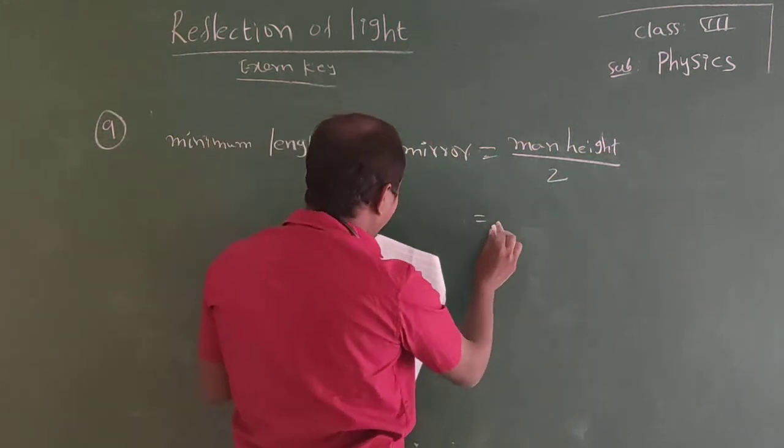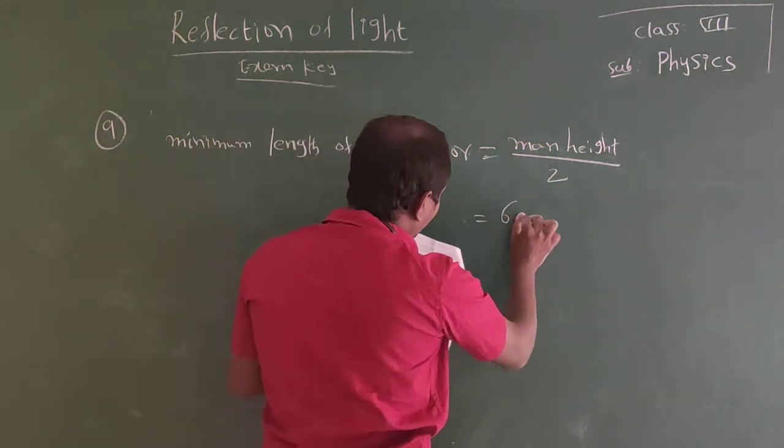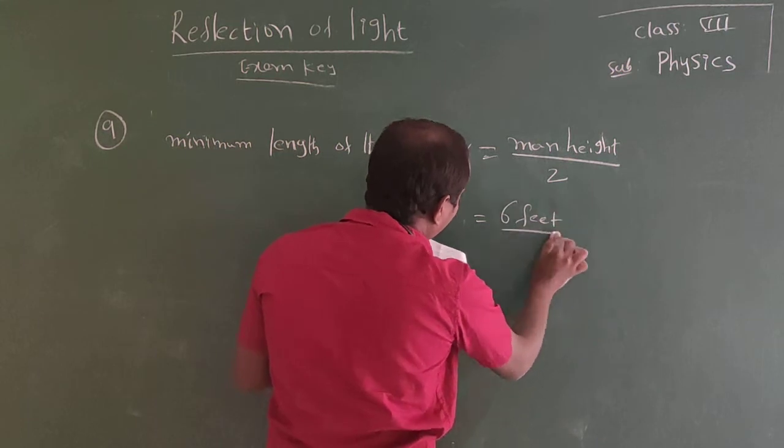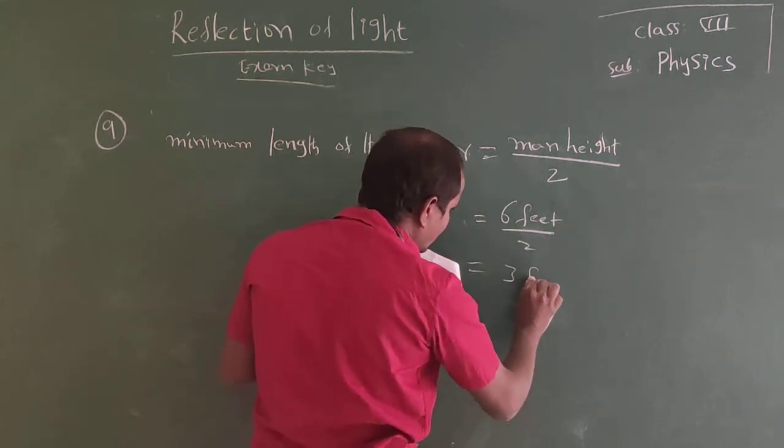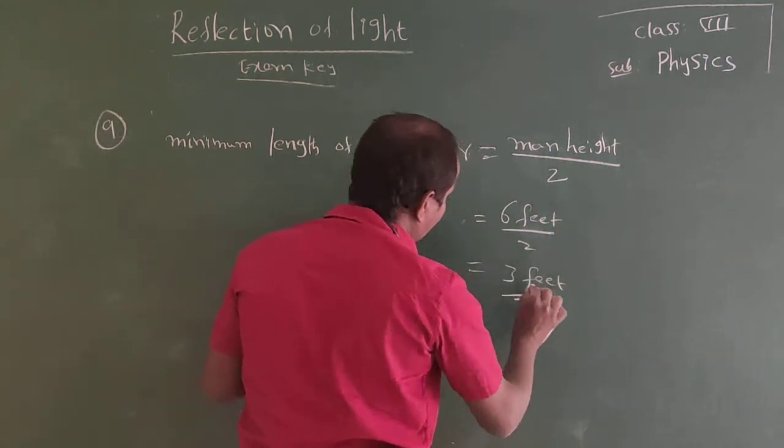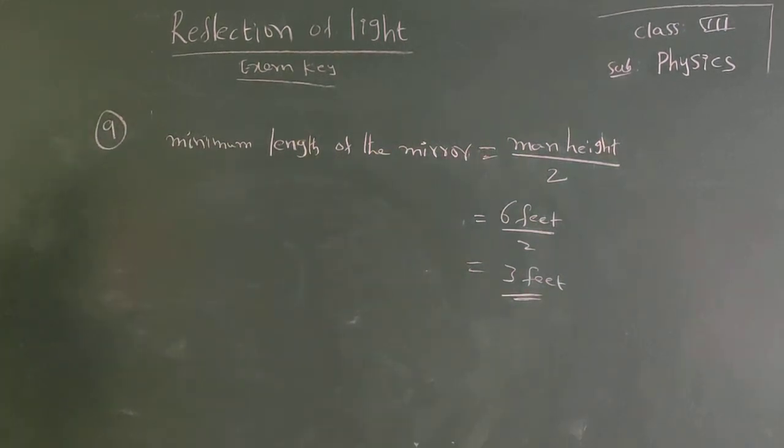Here the man's height is given as 6 feet, by 2, that equal to 3 feet. Minimum length of the mirror is half of the object height. Then we can see the full image of the object.